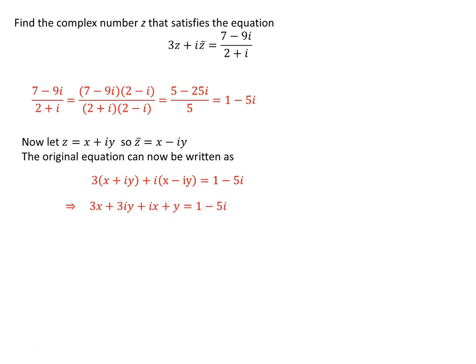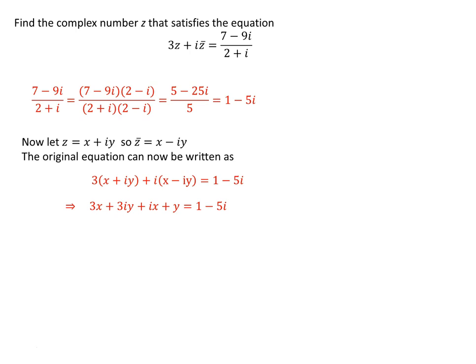Multiply the brackets out, we've got 3x plus 3iy plus ix minus i squared times y, but remember i squared is minus 1, so minus i squared times y is just going to be plus y.